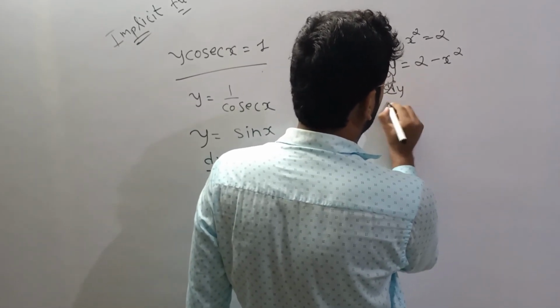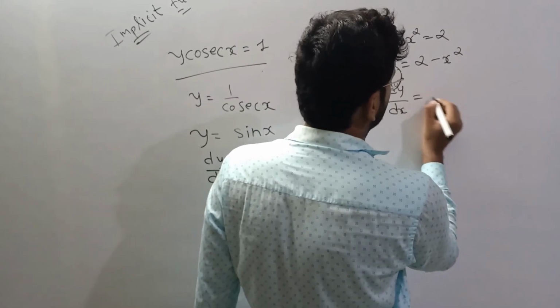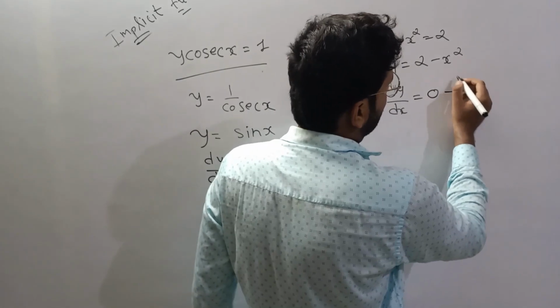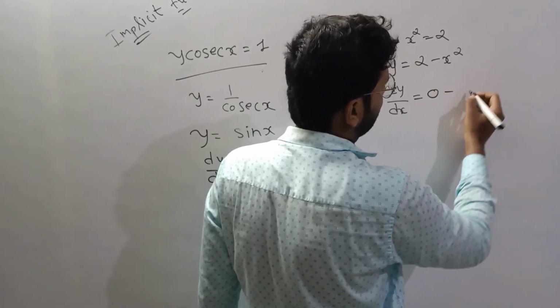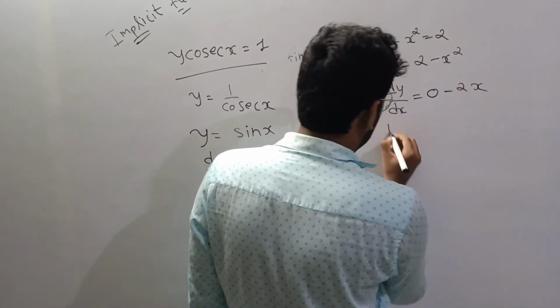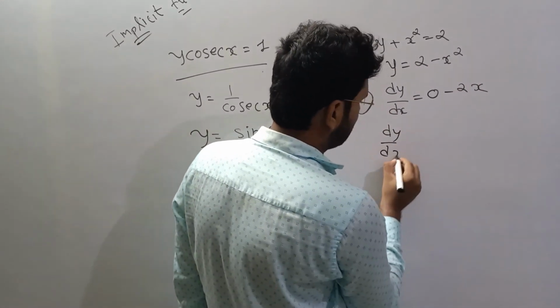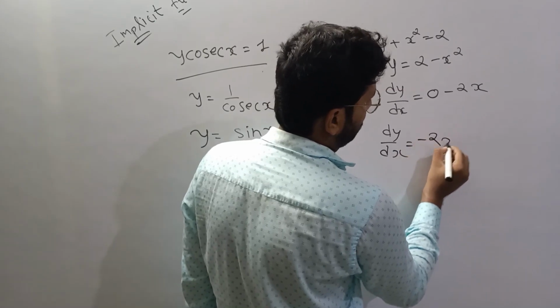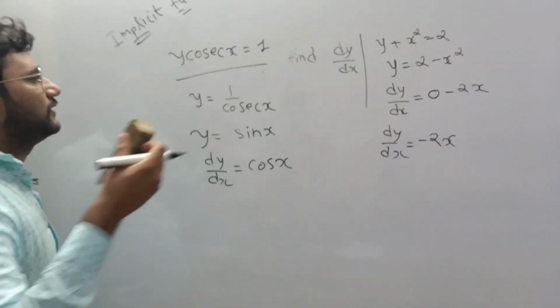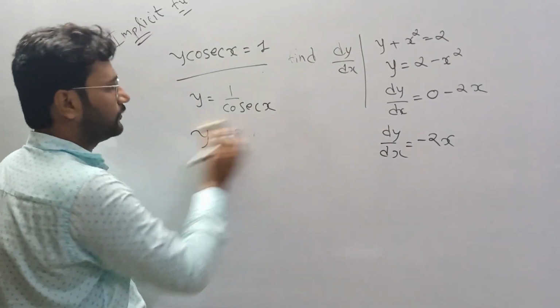So dy by dx is equal to the derivative of 2, which is 0, and the derivative of minus x square, which is minus 2x. So the final answer is dy by dx is equal to minus 2x. So this was the topic of implicit function.